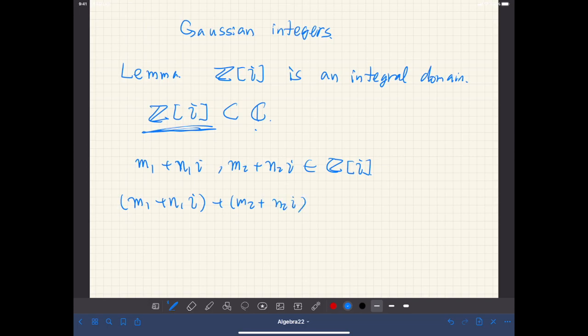So just like adding two complex numbers, we can add: m1 plus m2 plus (n1 plus n2) i, which is clearly an element of Z of I. So it's closed under addition.